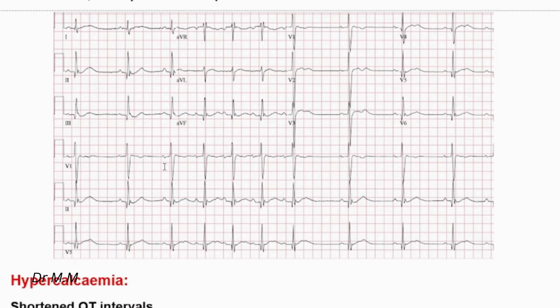As we can see here, if this is the T wave, here we can see the U wave, and this is the specification of hypokalemia on ECG. The U wave is important and is usually asked in exam questions, and we must concentrate on this point.